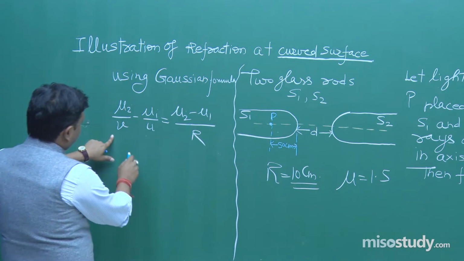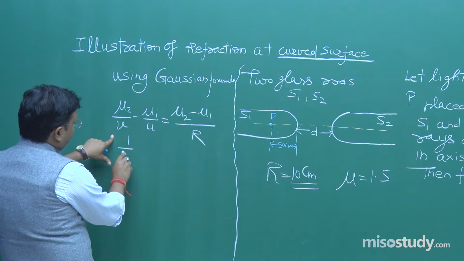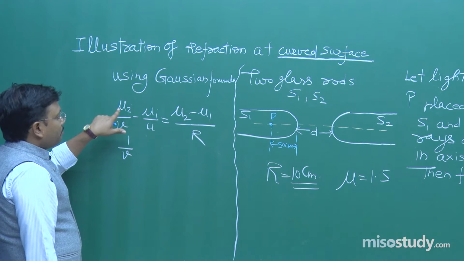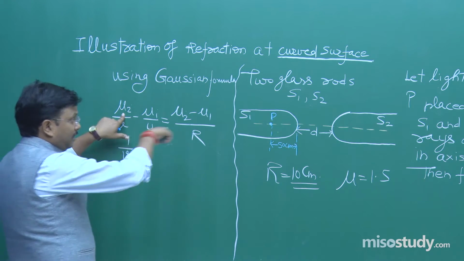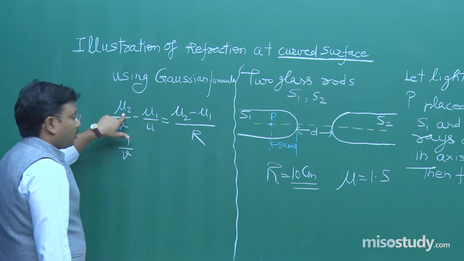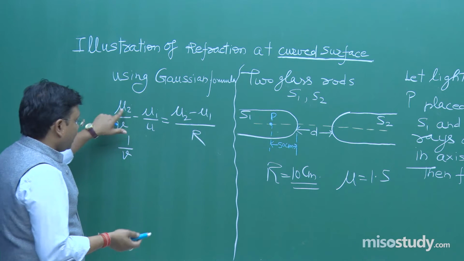You can say 1 upon V. Why am I saying 1? Please take a look over here. Because mu2 is the refractive index of the surrounding in which these glass rods are placed, and that is nothing but air.